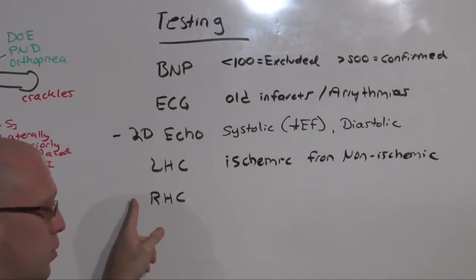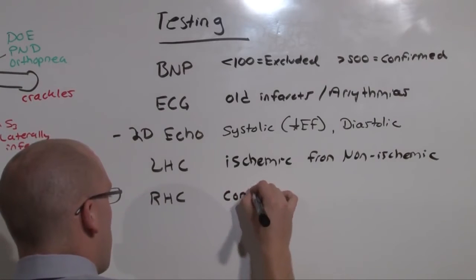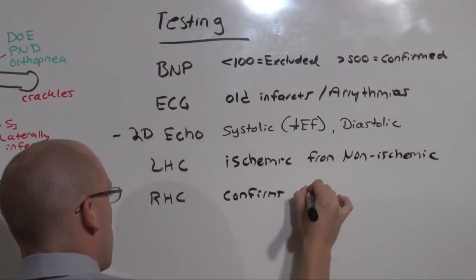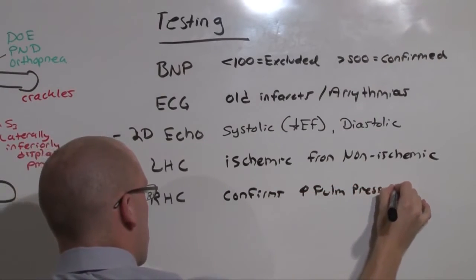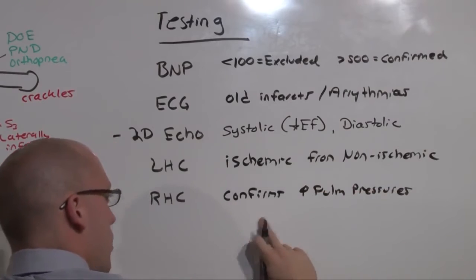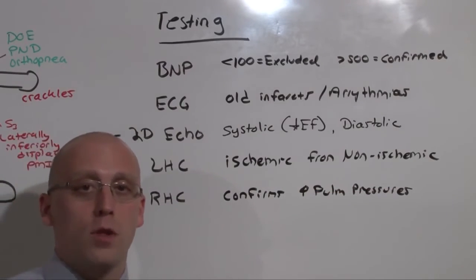You measure pulmonary pressures. And what it does is help confirm elevated pulmonary pressures. Because an elevated pulmonary pressure is indicative of fluid backing up before the left heart.